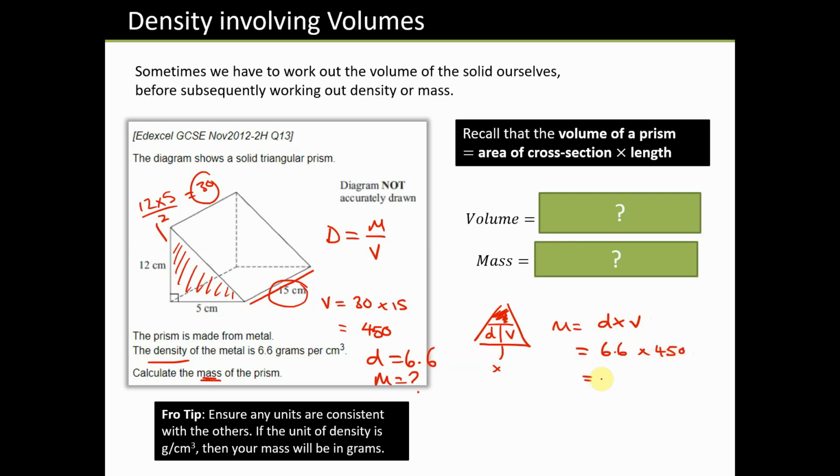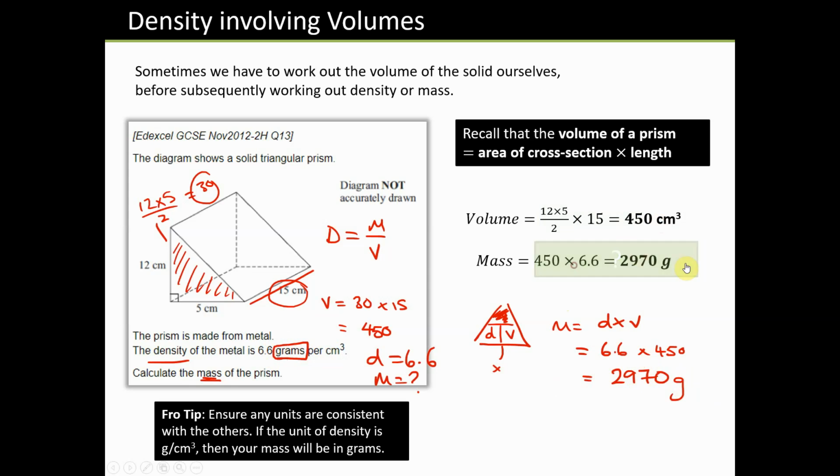So let's do 6.6 times 450. We're going to get 2,970. And our units would be grams, because I'm going to take the mass unit from there. Mass is either in grams or kilograms or something like that. Let's just double check I got this right. Yep, correct. And there we go.